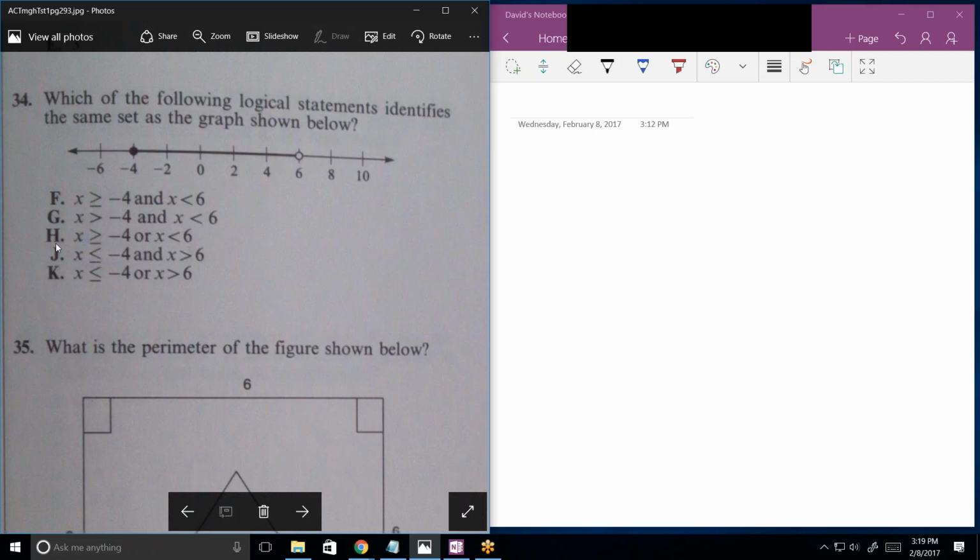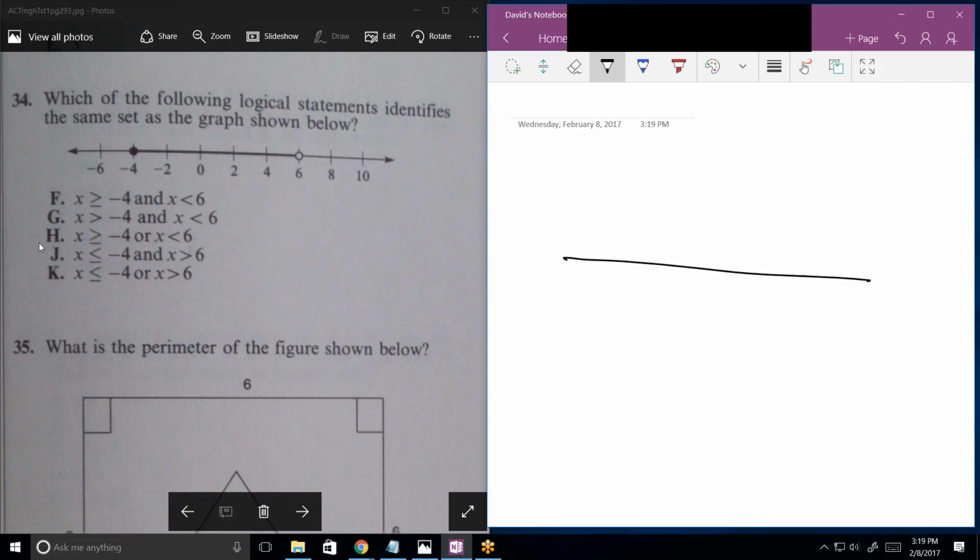If it was H, it would actually be this. In other words, if it said x was greater than or equal to minus 4, it would be that entire area, right?